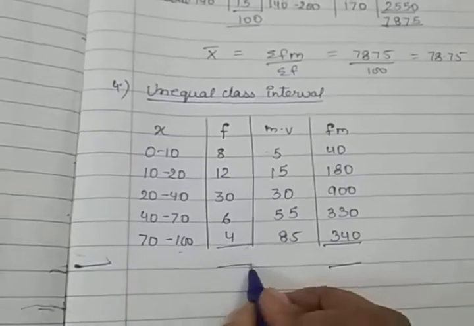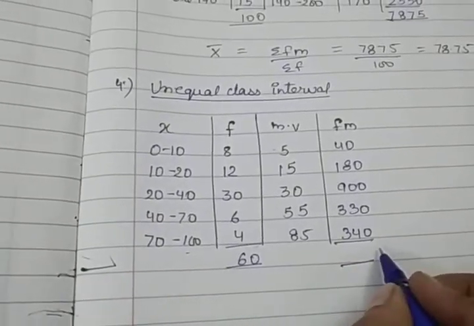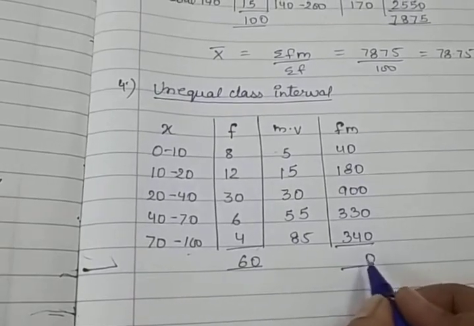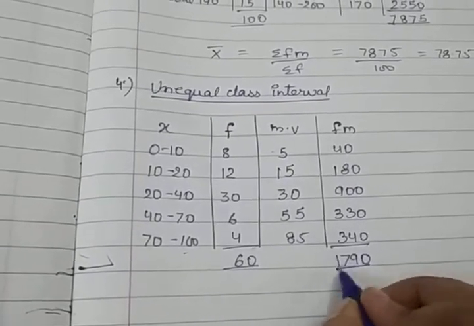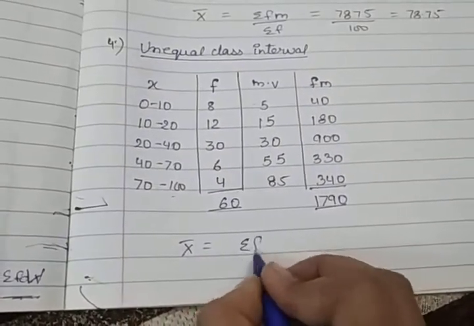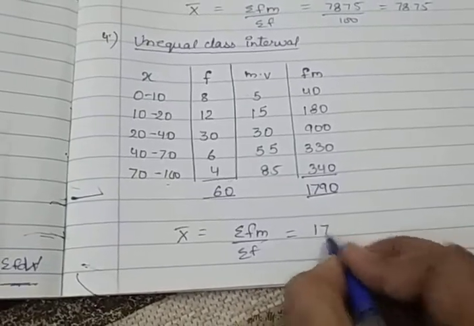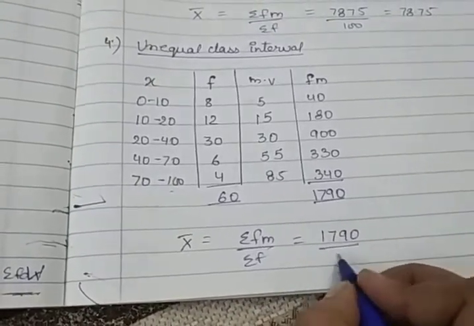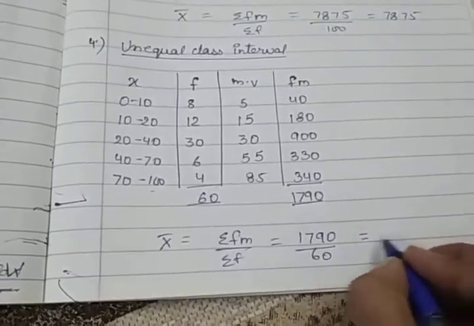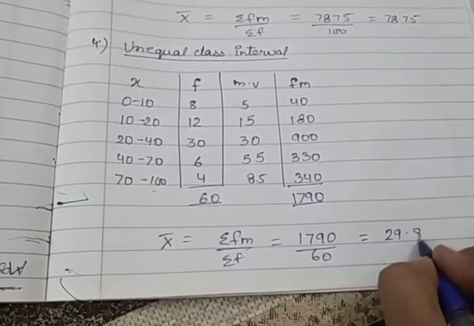The frequencies total is 60, and this one is 1790. Now I am putting it in the direct formula: summation of fm upon summation of f. The summation of fm is 1790 upon 60, equals 29.8.